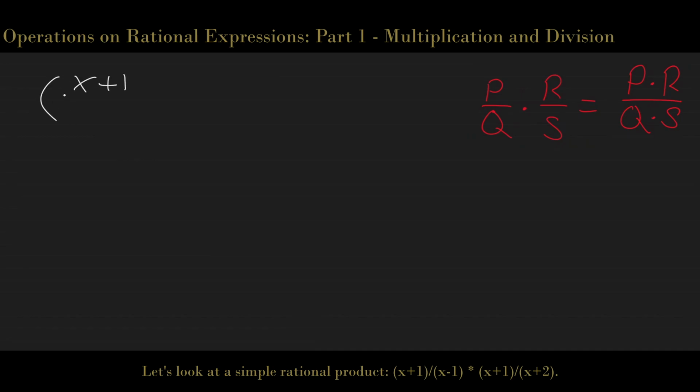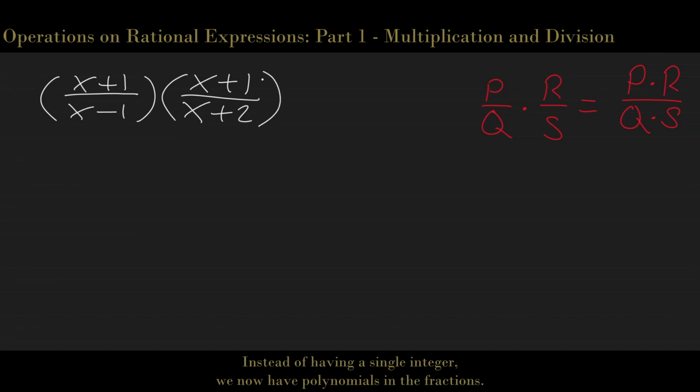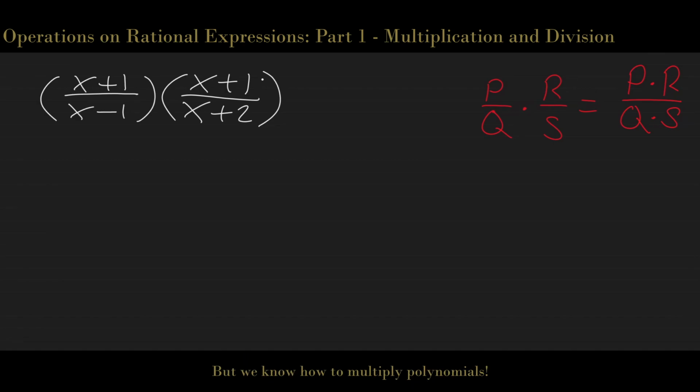x plus 1 divided by x minus 1 times x plus 1 divided by x plus 2. Instead of having a single integer, we now have polynomials in the fractions. But we know how to multiply polynomials.